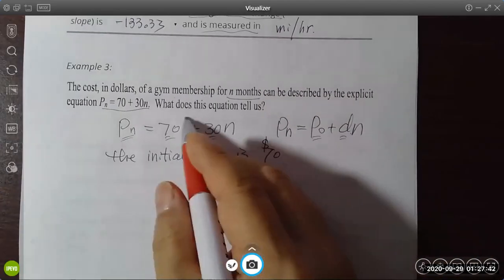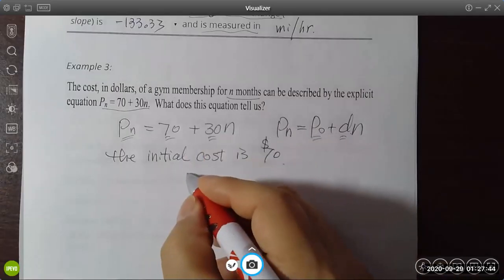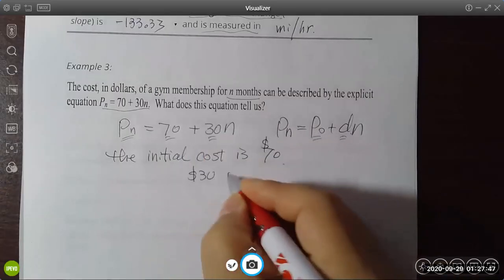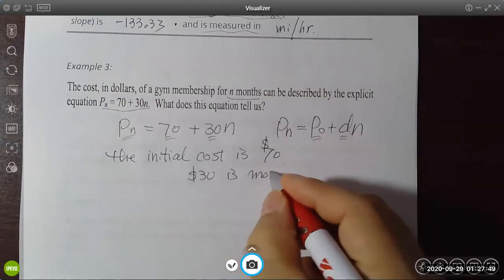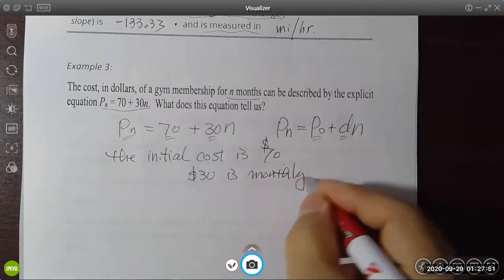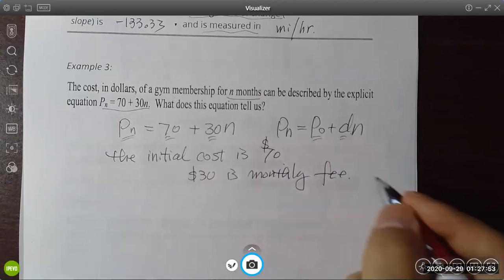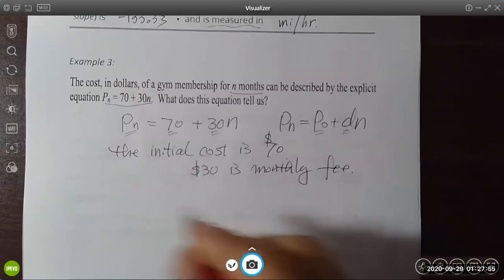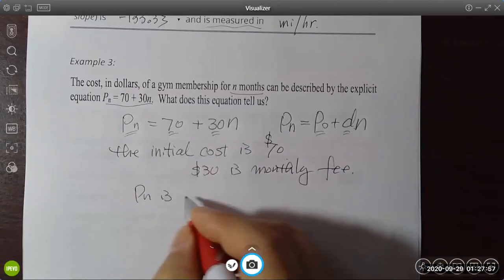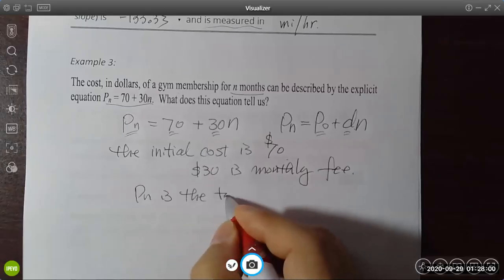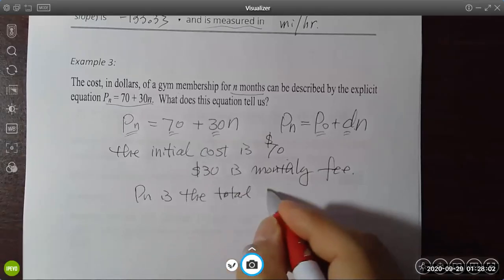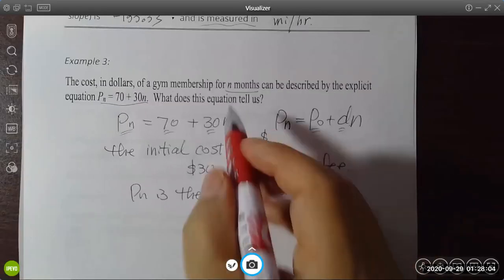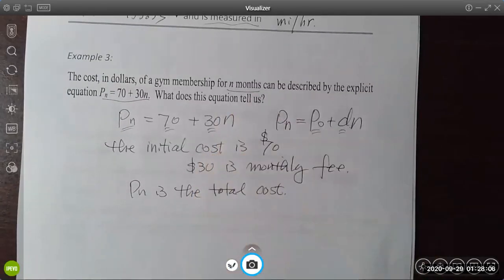So what does this mean? $30 is the monthly fee. And PN is the total cost. And this one, we already told this, you don't need to explain this.